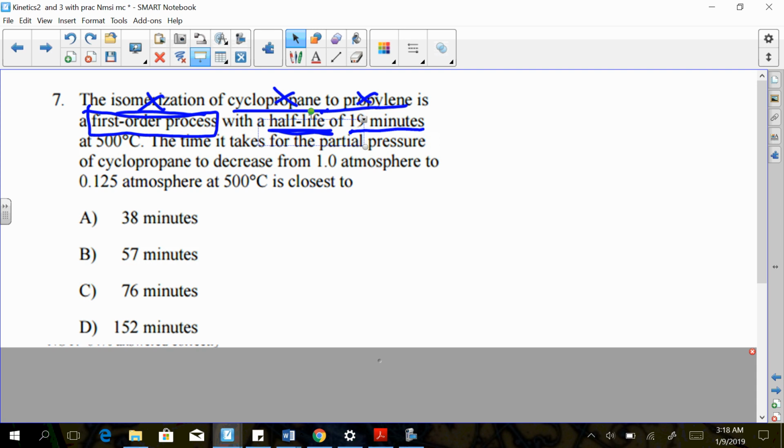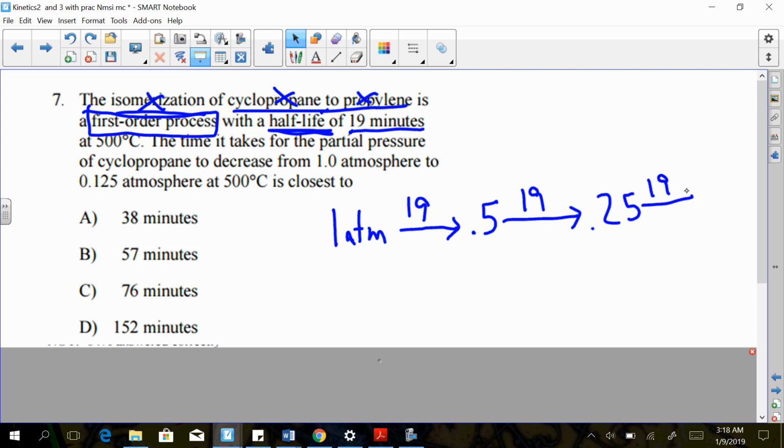Okay, and so if it's 19 minutes, every 19 minutes, half of our reactants react. So if you start with 1 atmosphere, 19 minutes later, you have half an atmosphere. 19 minutes later, you have 0.25 atmospheres.